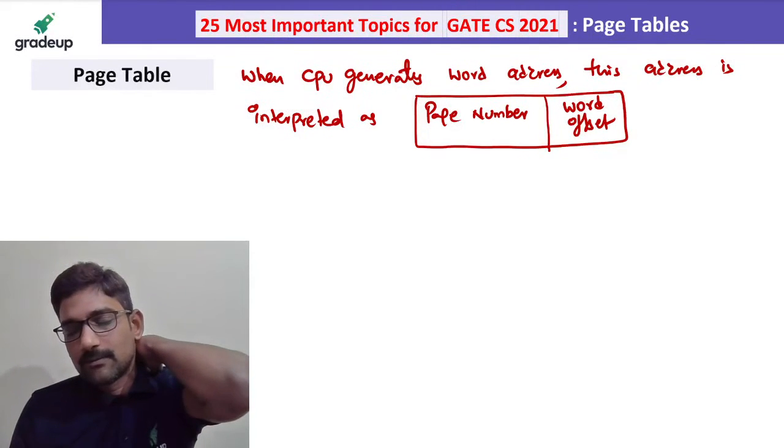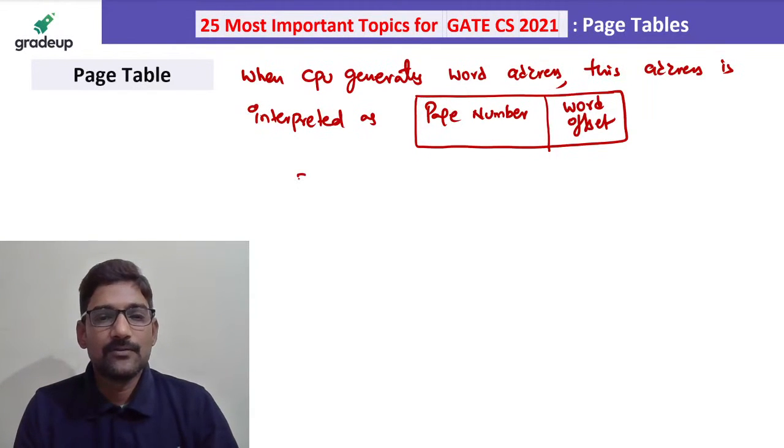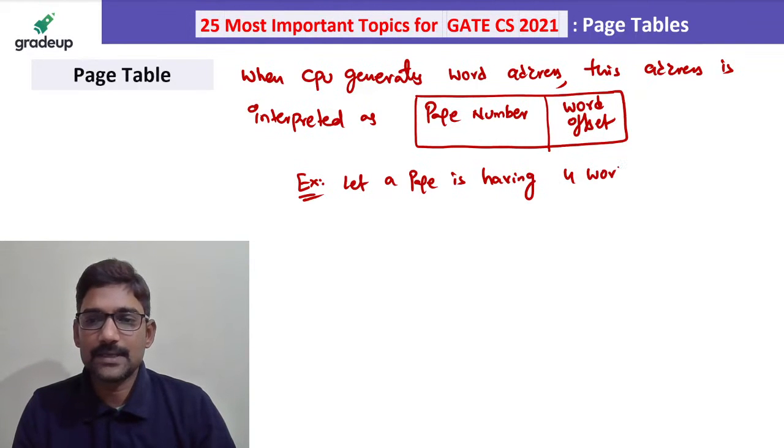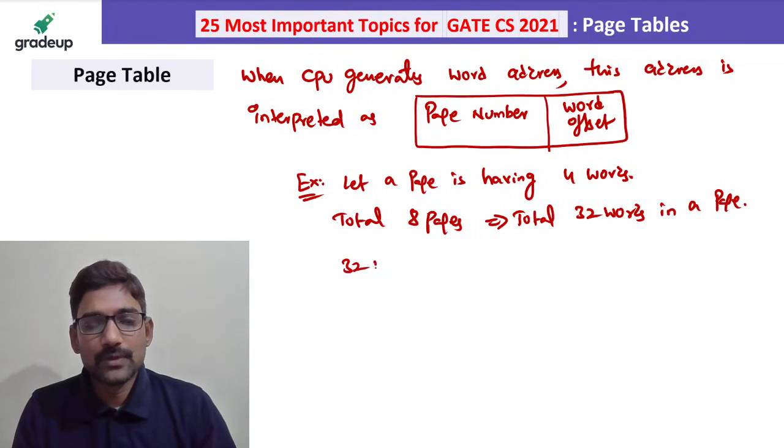CPU will not give page number and offset. CPU just gives the consolidated word number. For example, let a page have 4 words. One page has 4 words. Total 8 pages. That means total 32 words. 32 words means 2 power 5 words.